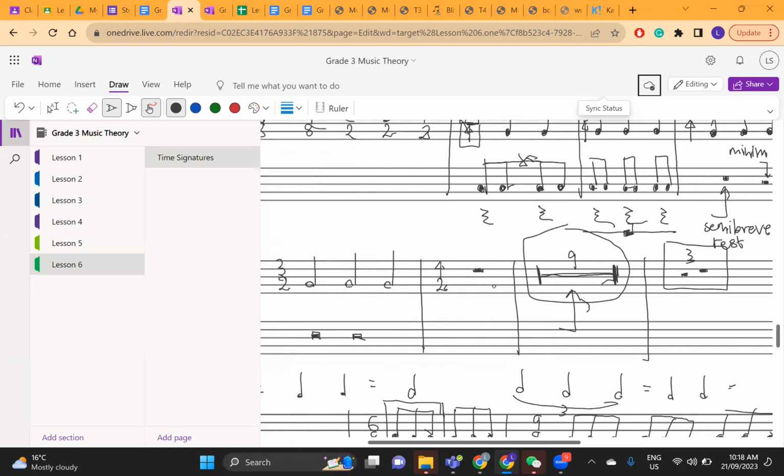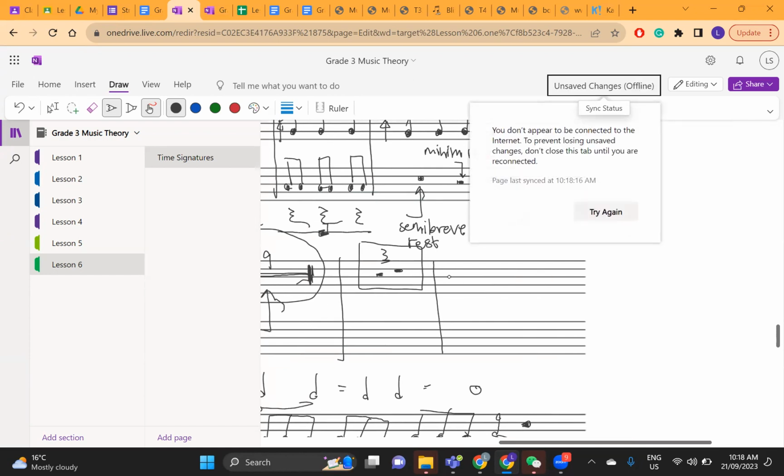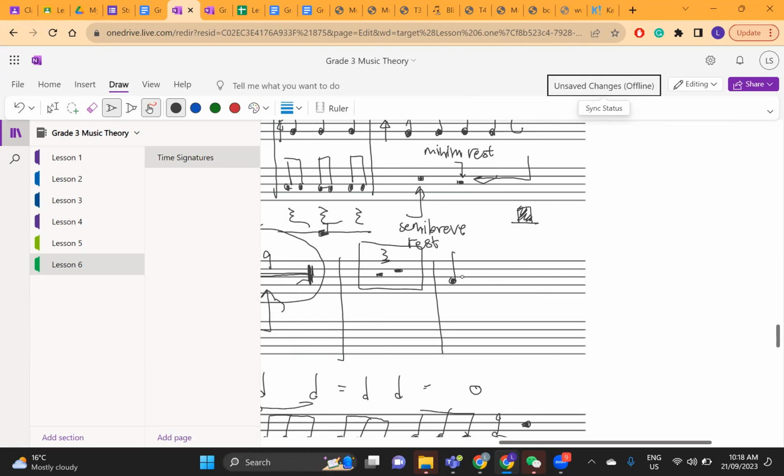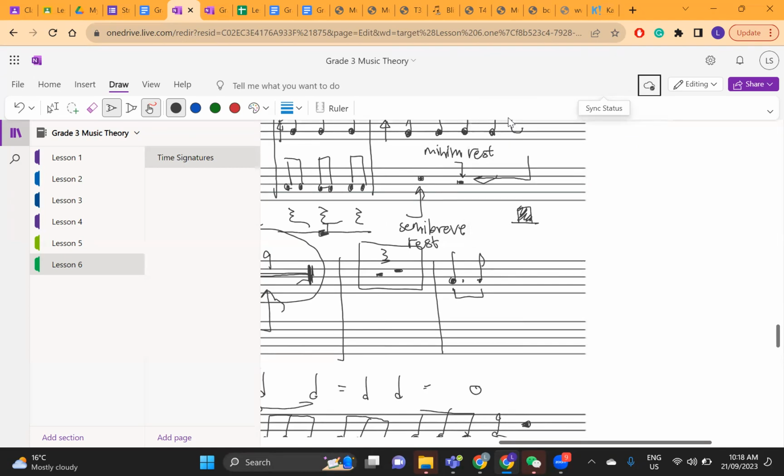If we go back to simple time for a minute, you are allowed to do this in simple time, obviously. So dotted crotchet followed by a quaver. And yes, it works the other way around.